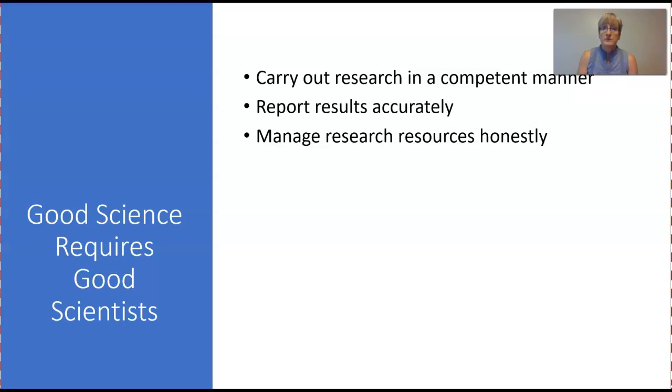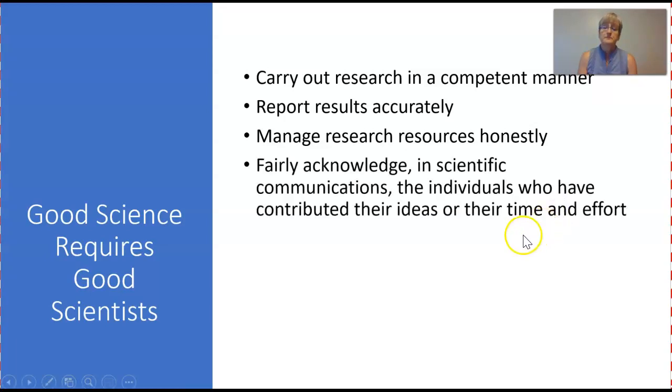If you get a grant from, say, a government organization, and they are paying for equipment, or they are paying salaries or licenses and so on, but you don't use the money for that purpose, number one, you're going to be charged with a violation of law, but number two, you'll never get funding from that organization again because you violated the ethical principles of managing resources honestly.